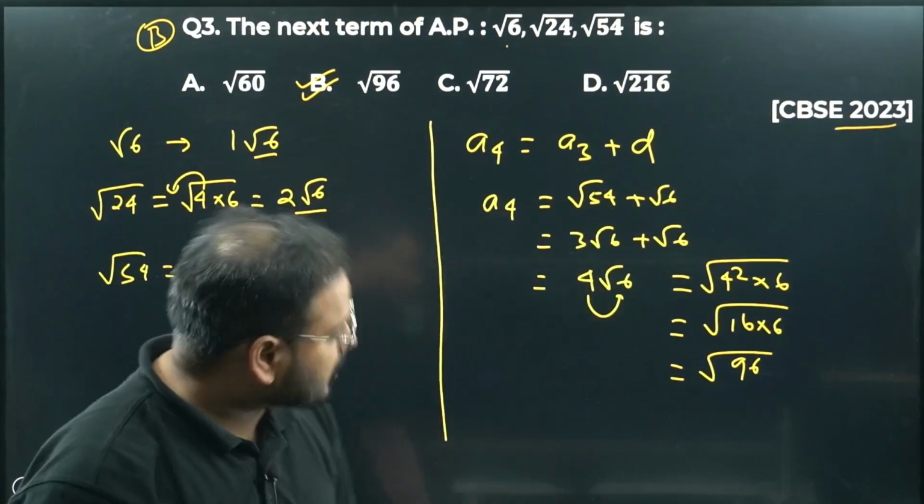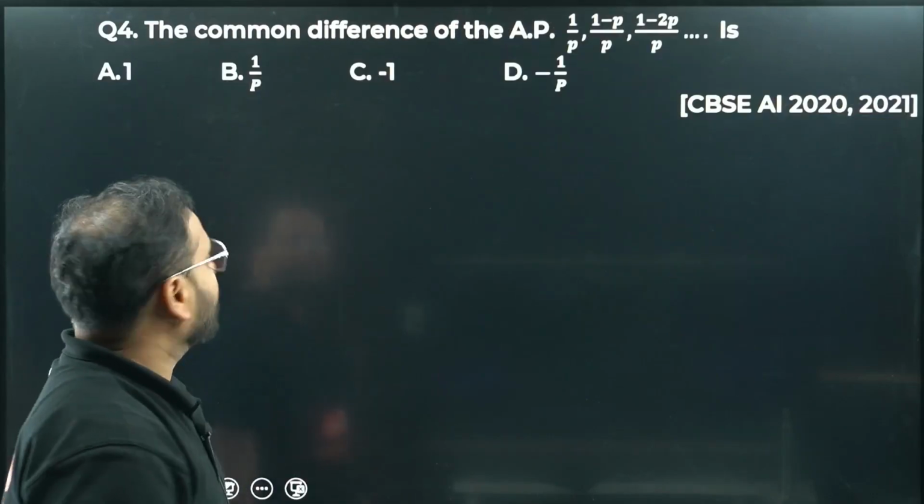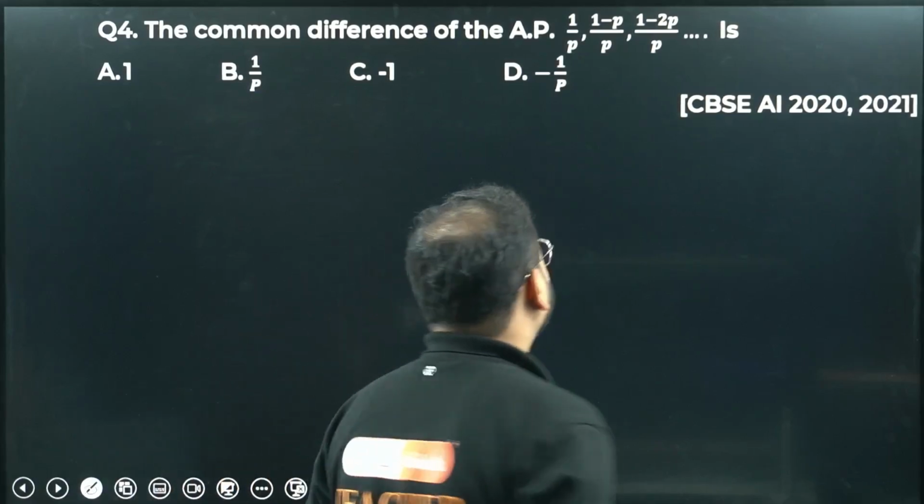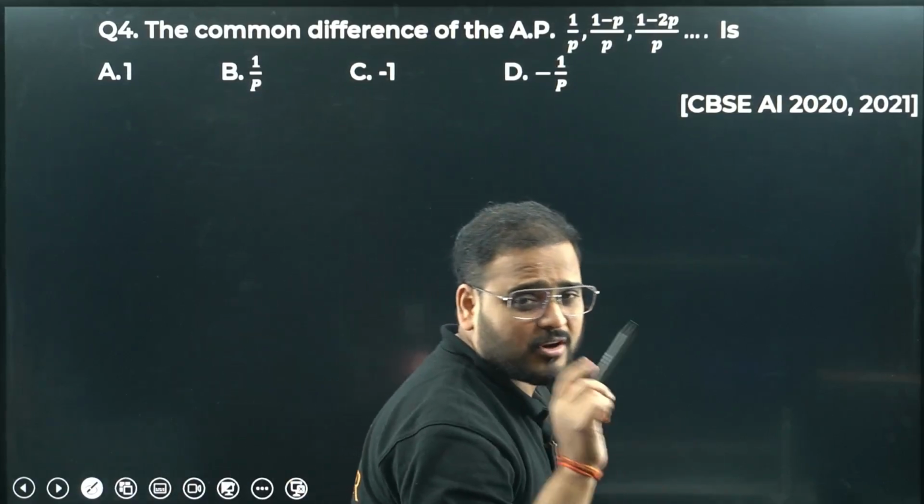Moving on to question number 4. The common difference of the AP. I've done this question in our regular classes also. I think I gave this question in your test as well.